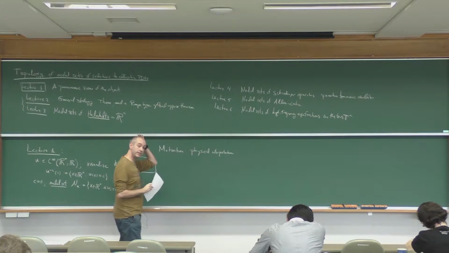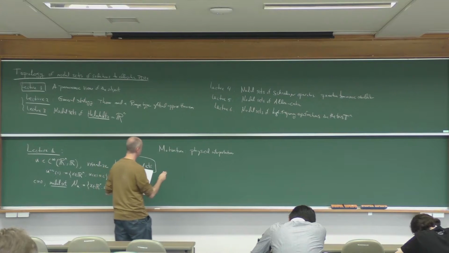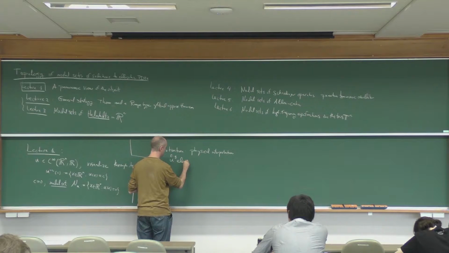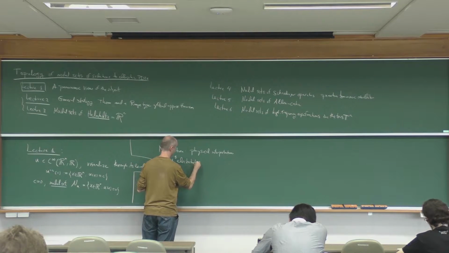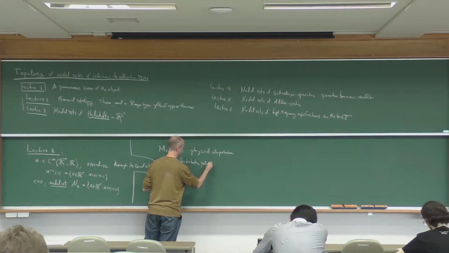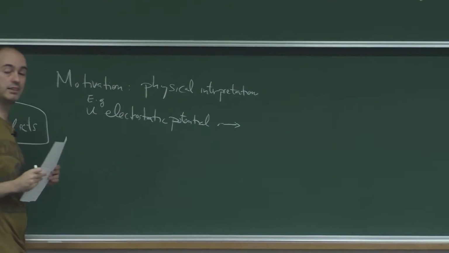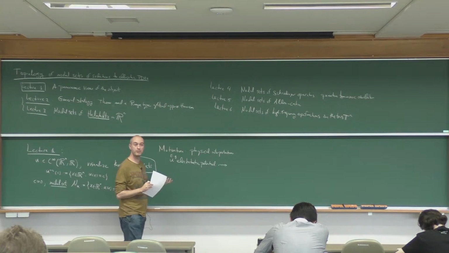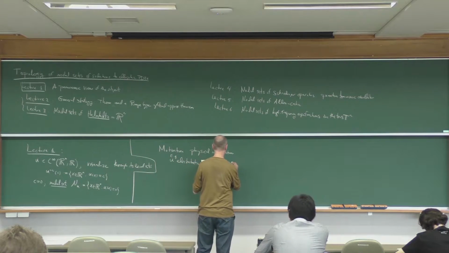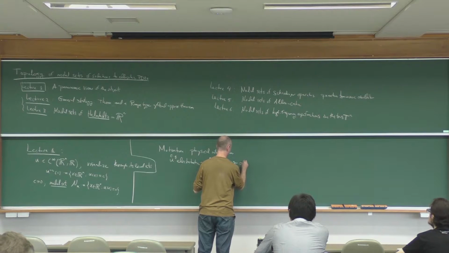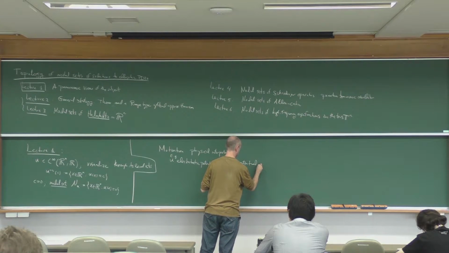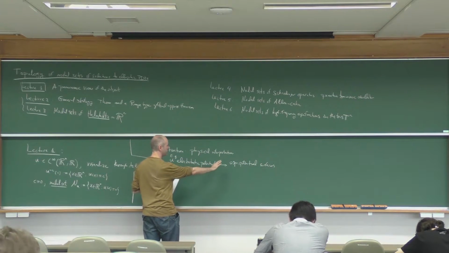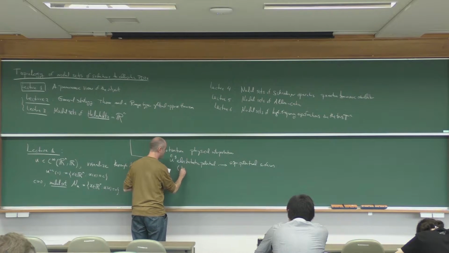For example, in the case that u is the electrostatic potential, then these sets are nothing else than the equipotential surfaces of this potential. Or, for example, something similar appears in the study of Newtonian gravity.